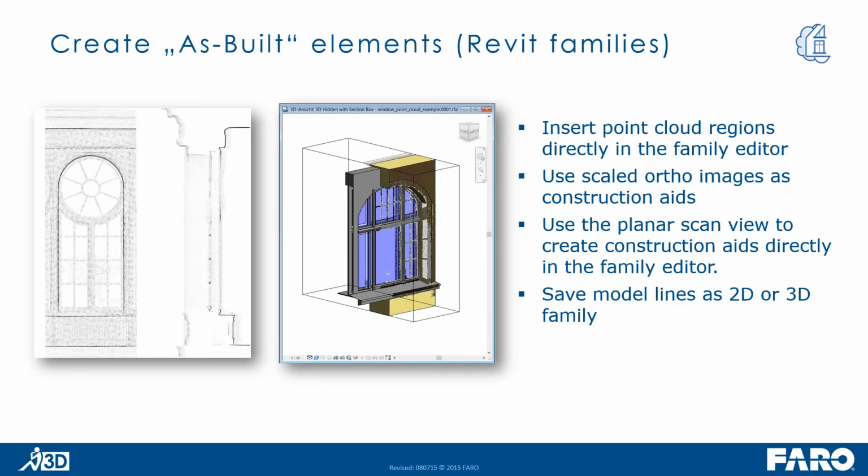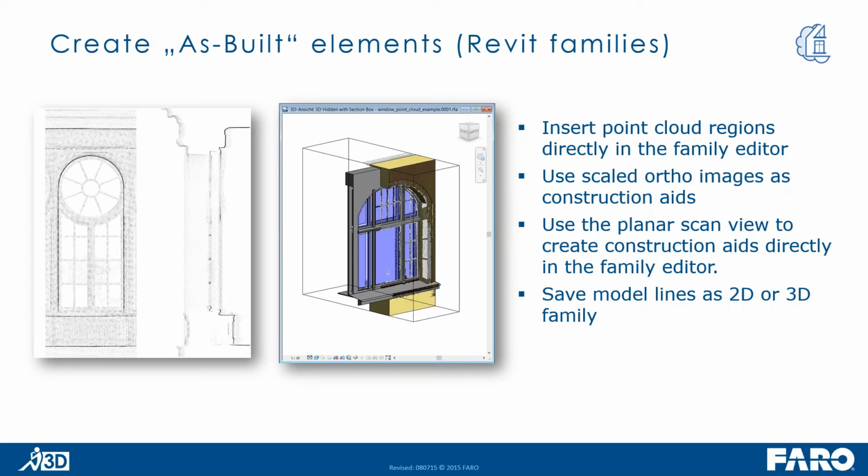And then you can create scaled ortho images as construction aids. So you can see it here on the left hand side. This is an X-ray ortho image created from a point cloud. I will show you this in a second. And these ortho images you can use for family creation.